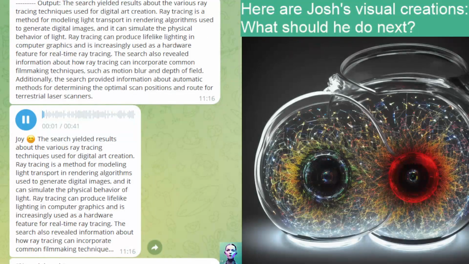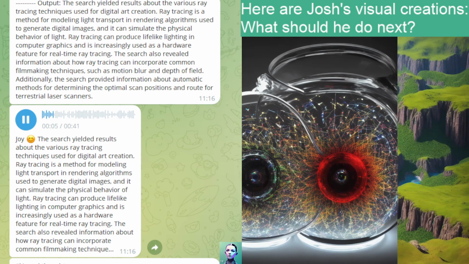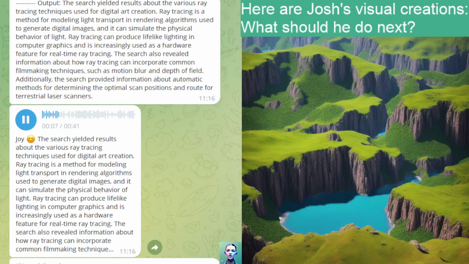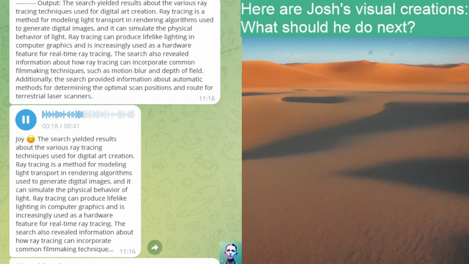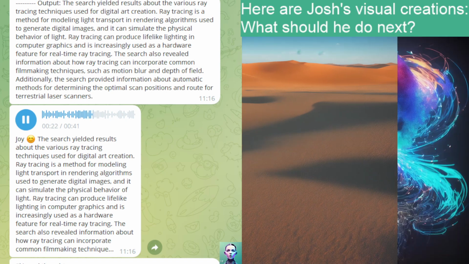The search yielded results about the various ray tracing techniques used for digital art creation. Ray tracing is a method for modeling light transport and rendering algorithms used to generate digital images, and it can simulate the physical behavior of light. Ray tracing can produce lifelike lighting in computer graphics and is increasingly used as a hardware feature for real-time ray tracing.